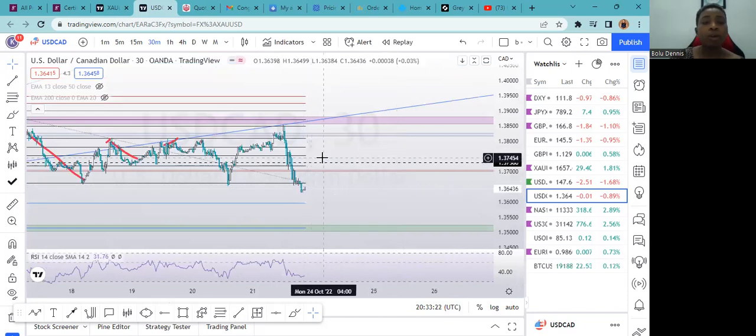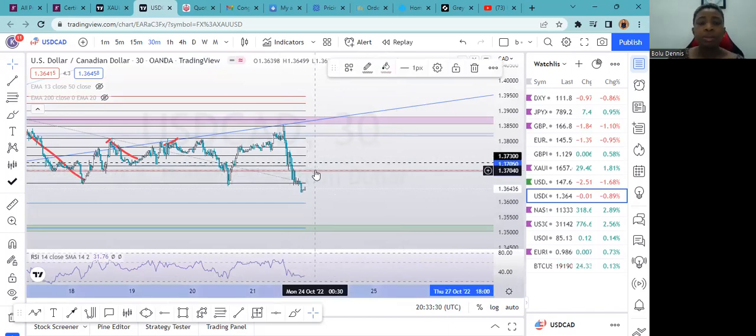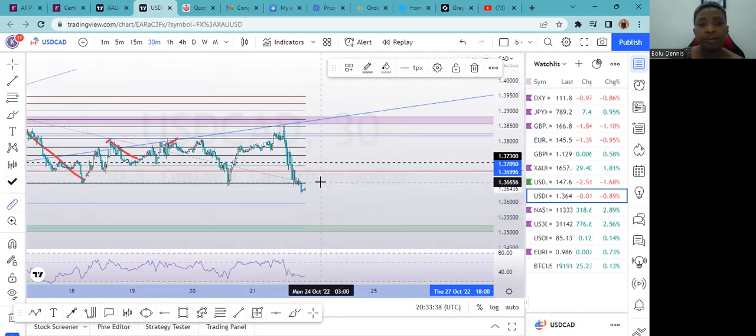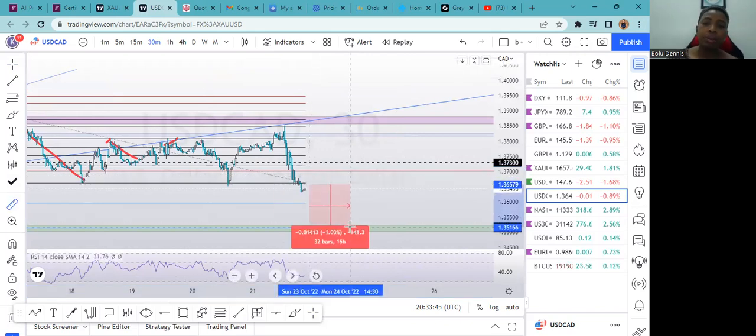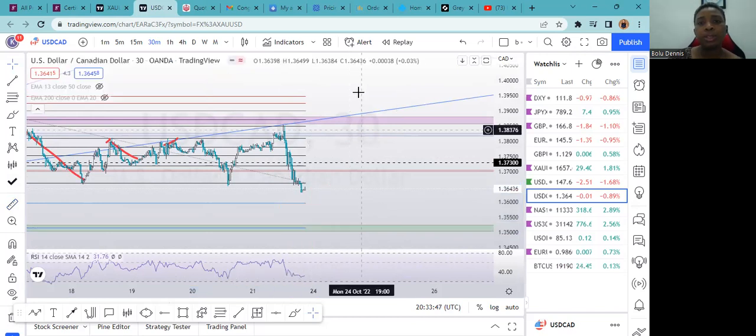Ultimately I'm looking for price to come back to this peak area. But if it doesn't, there'll still be another opportunity to take the trade. If I could find a pattern, I will send it. So that's basically like a 100 pip play there with USD CAD.